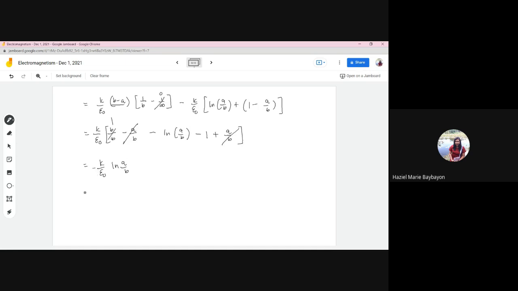We can switch this to make it positive by switching the numerator and the denominator inside the ln. So k over epsilon naught ln b over a. So this is the potential at the origin.